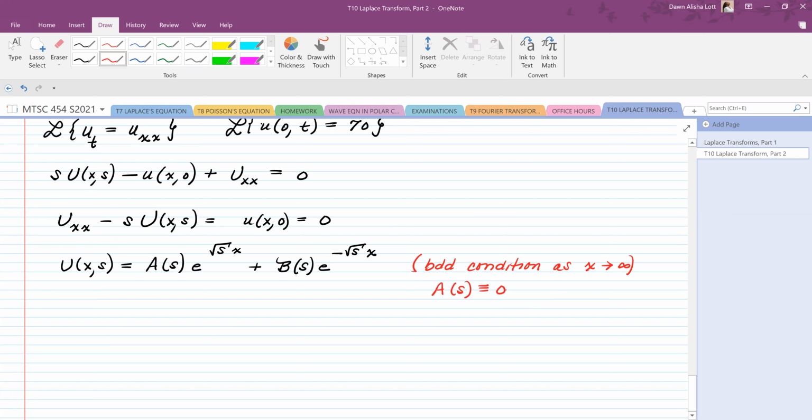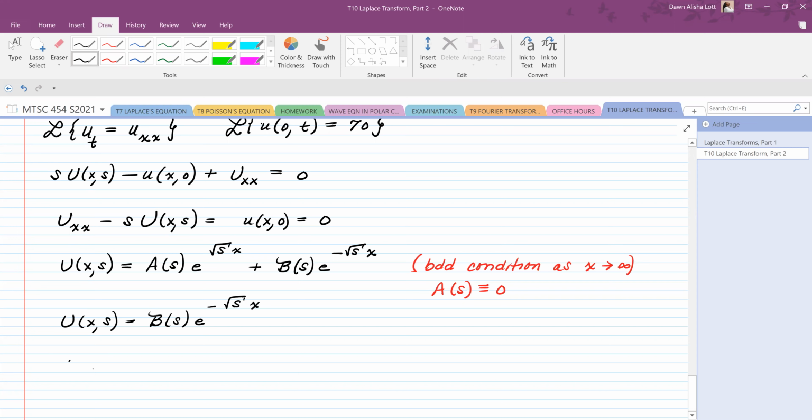It just can't be there. So now I get U of x and s is B of s e to the minus square root of s times x.